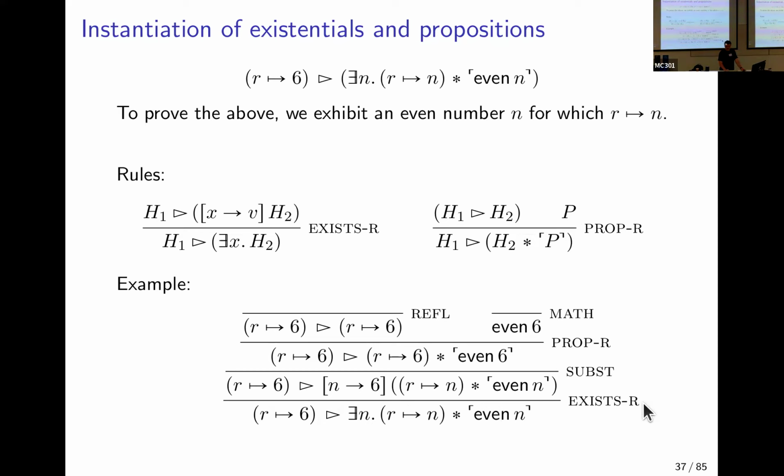Typically, you start on the right. You have to find some N, so you instantiate it with 6, probably, because you have 6 on the left. Then you introduce the pure fact on the right. You're using math to prove that 6 is even. And then you're using the reflexivity rule to prove that R points to 6 entails R points to 6.